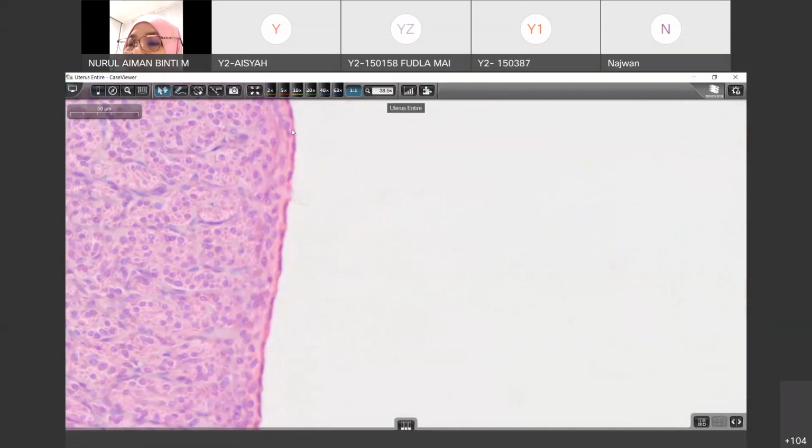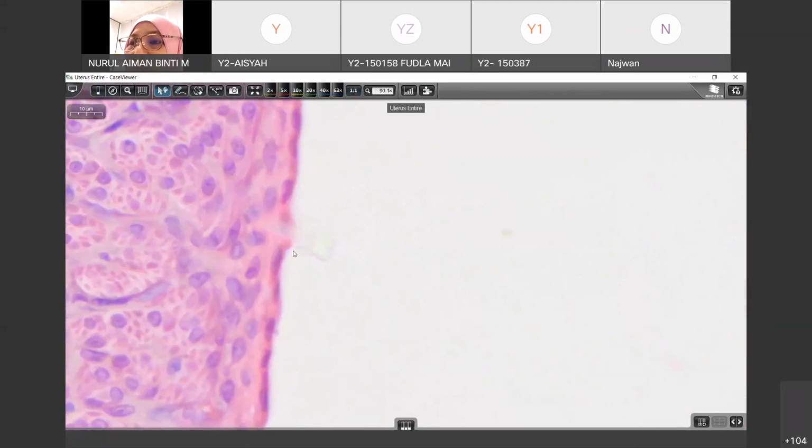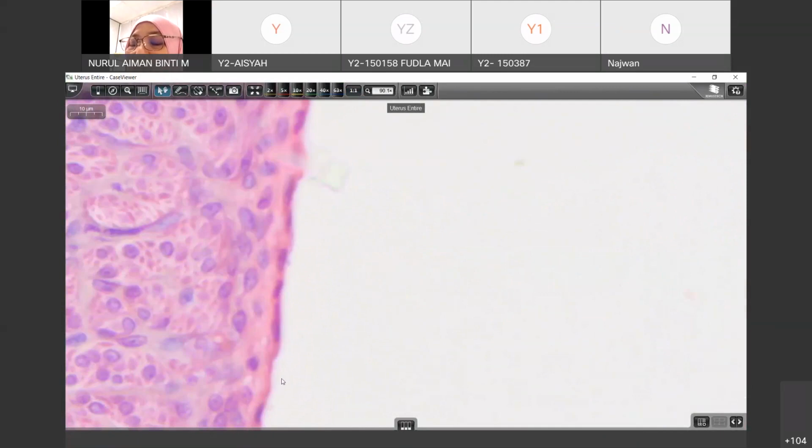So what do you call this area? The perimetrium area is lined by simple squamous epithelium, so this is most likely the part covered by the broad ligament. The epithelial characteristic of the broad ligament is the mesothelium.